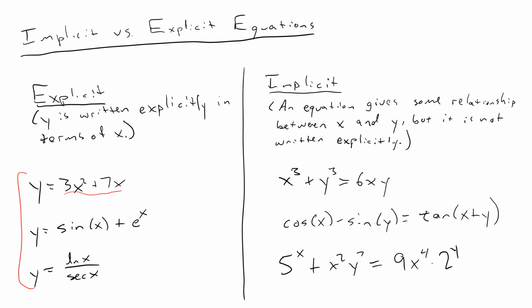An implicit equation is some equation that gives you some kind of relationship between x's and y's, but it's not written explicitly. In other words, it's not written in the format that we have over here on the left. So these three equations here are examples of implicit equations. Each one of them shows us some relationship between x and y values, but none of them are written explicitly.